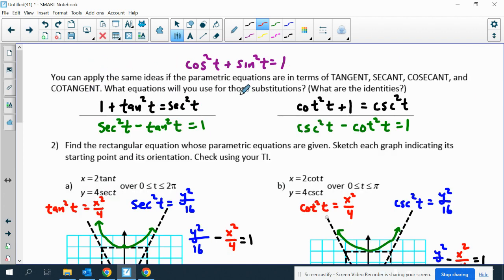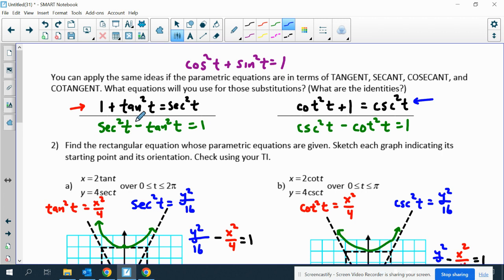You can apply the same ideas if parametric equations have tangent, secant, cotangent, and cosecant. We would use the Pythagorean identities, and as we've talked about in previous units, you can divide everything by cosine squared to get this, and you can divide everything by sine squared to get this.